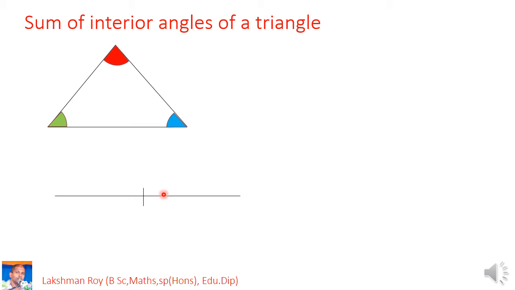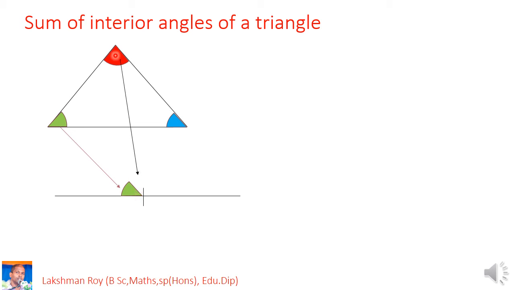That is 180 degrees. Now what happened? I cut this angle in this triangle and keep it this way. If you draw this on a piece of paper, you can cut this angle, then keep it this way at this point.